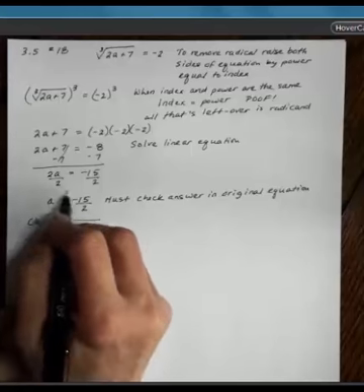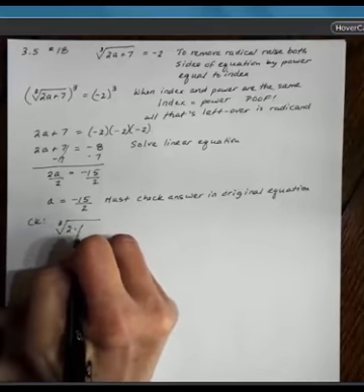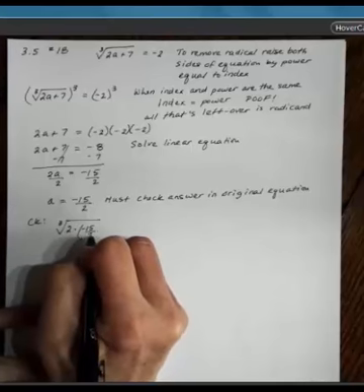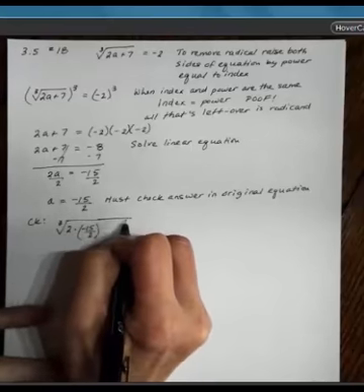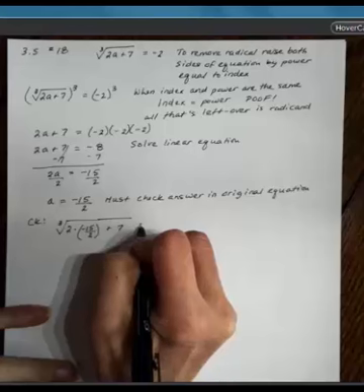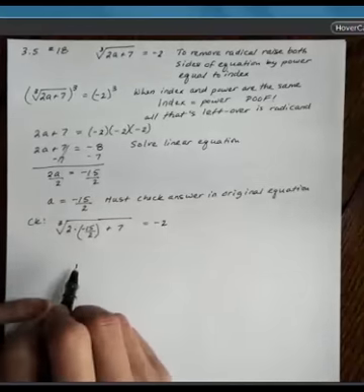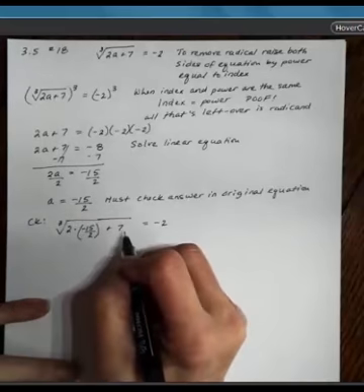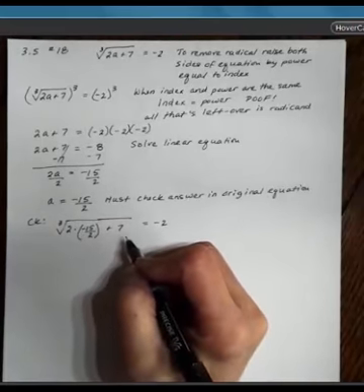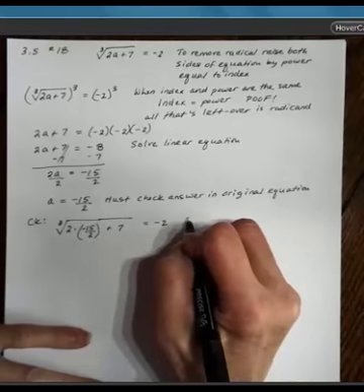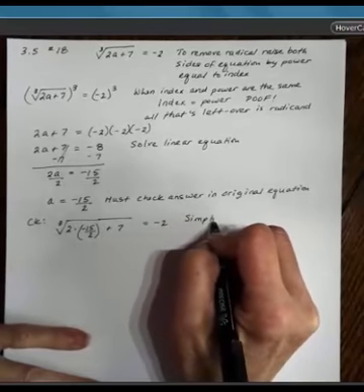Well, a is this quantity that we've just come up with. So 2 times negative 15 halves plus 7 equals negative 2. Now I need to follow my order of operations, and part of the order of operations is to simplify inside of parentheses. So I'm going to simplify inside of the radical.